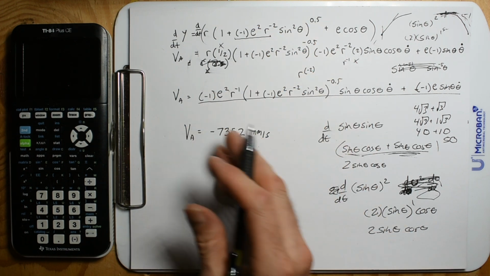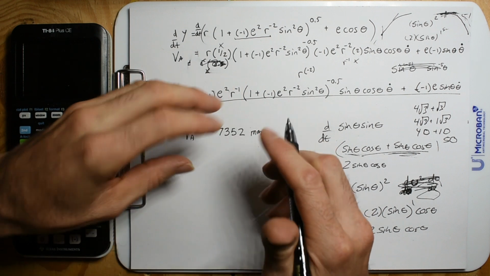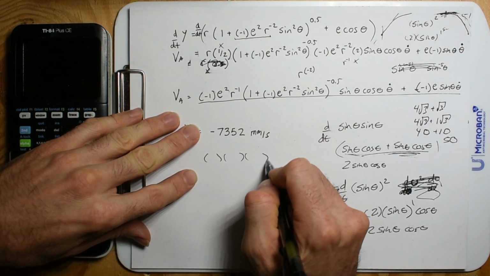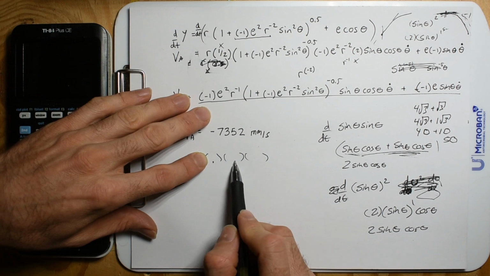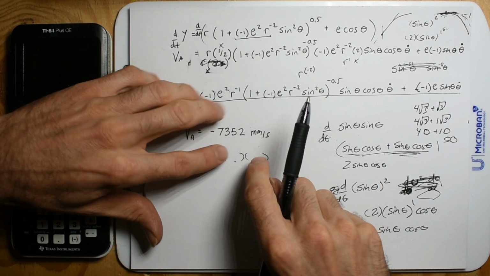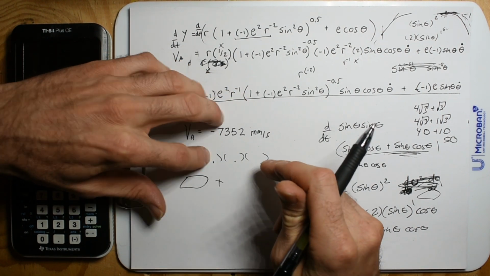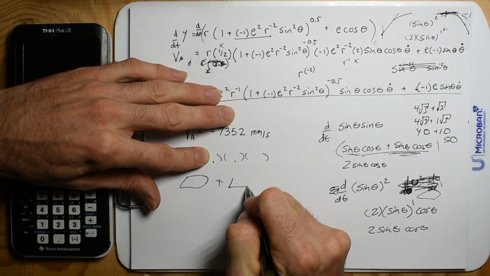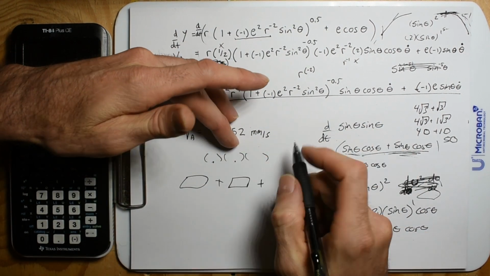This one, yeah, it wasn't 9 terms. Some of these, if you have 3 different products of 3 different things, you're gonna have to take the first times the derivative of the second. The first and second times the derivative of the third. That's one thing. Plus the first and third times the derivative of the second. That's another thing. Plus the second and third times the derivative of the first.